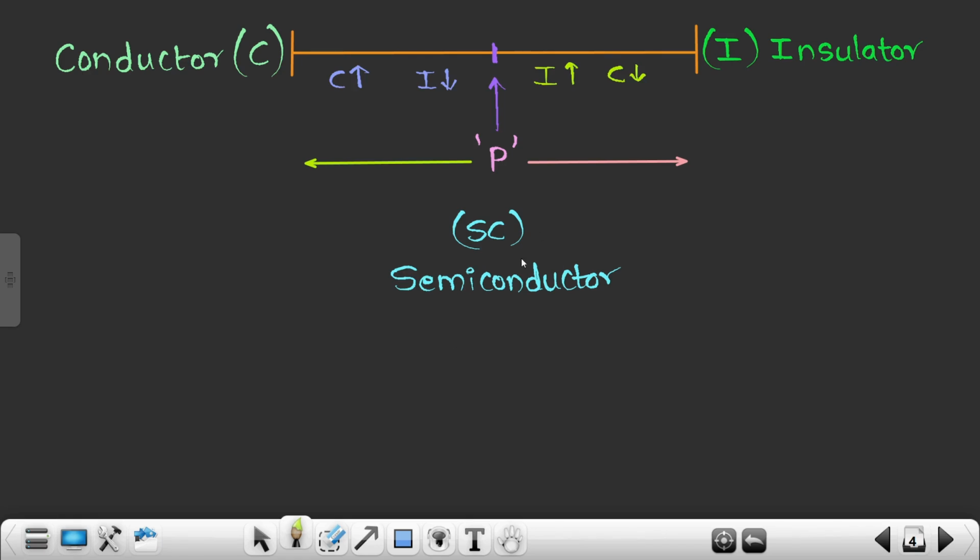If I want to operate my semiconductor as a conductor, I need to move this parameter in this direction, so that the properties of the conductor will increase and the insulating property will decrease. Whereas if I want to operate this semiconductor as an insulator, I need to move this parameter, be it voltage or current, in this direction, so that its insulating property will increase and its conductivity will decrease.